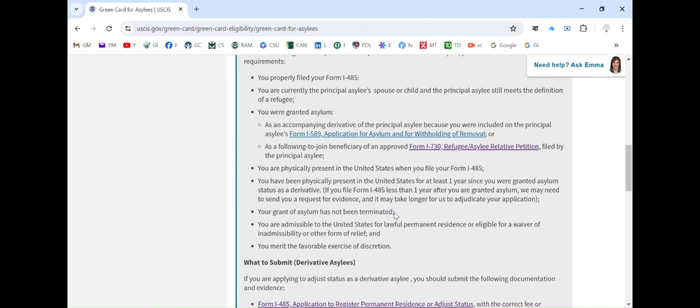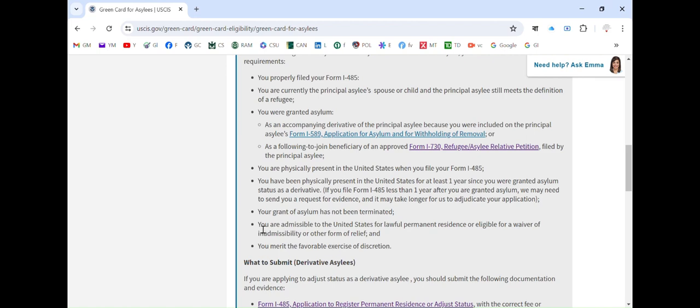USCIS still counts your asylum application as approved, not revoked or terminated. It is still approved. There is nothing unfortunate that happened.